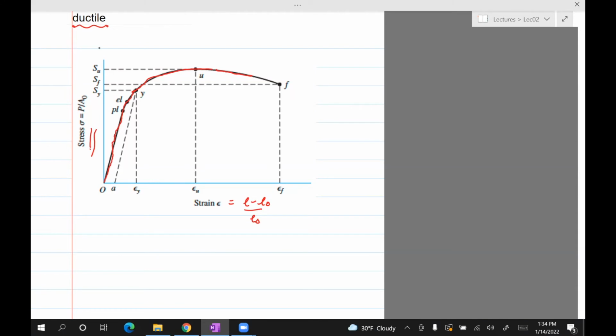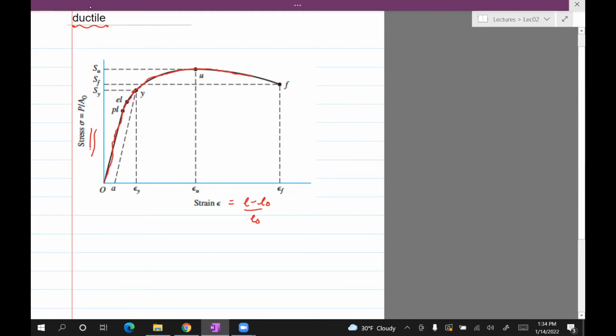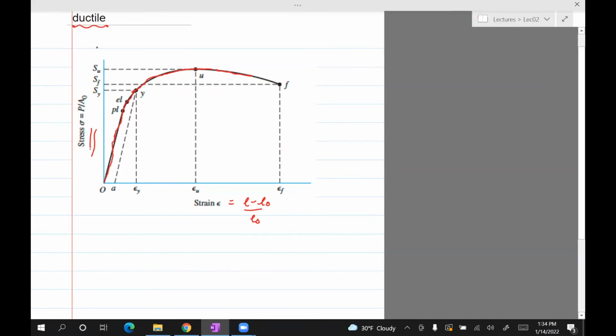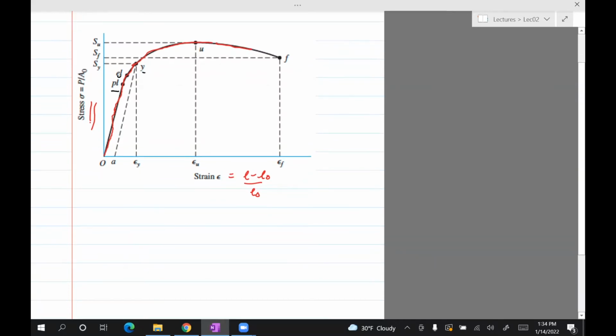The points we'll be talking about are PL, EL, Y, U, and F. So let's define them. PL is also known as the proportional limit.